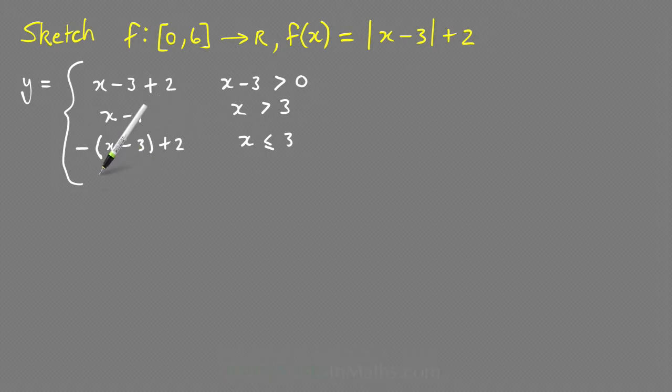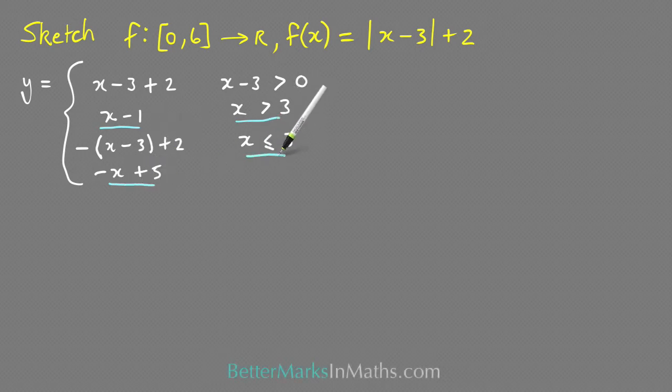So that's how that bit works, and you get minus x plus 3 plus 2, which is plus 5, for those x values. And so that's what I've got to sketch here for that domain, and that for that domain.